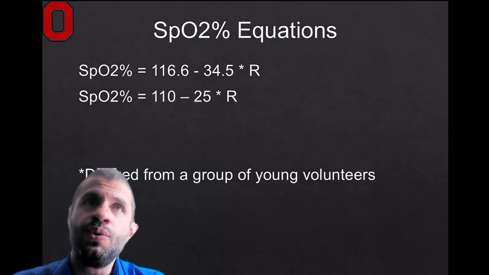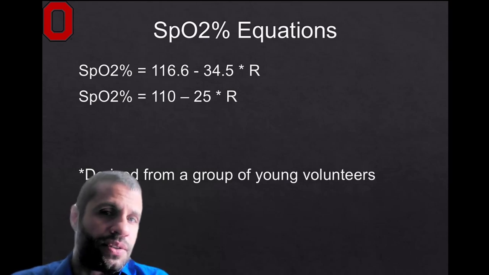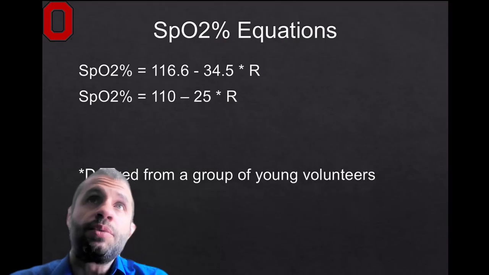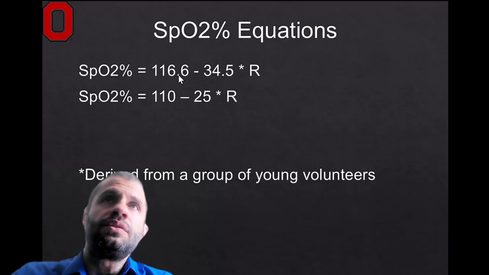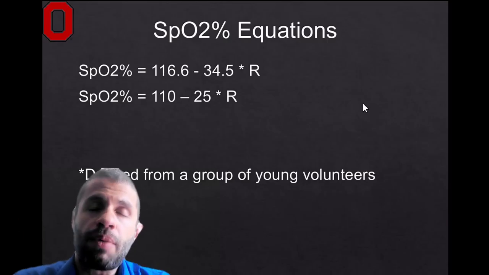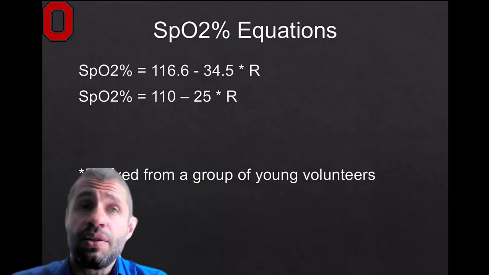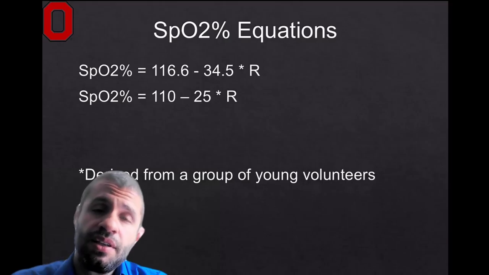So think about who needs pulse oximeters versus in this particular case where this equation was tested, the top one, which population uses or absolutely needs the pulse oximeter.